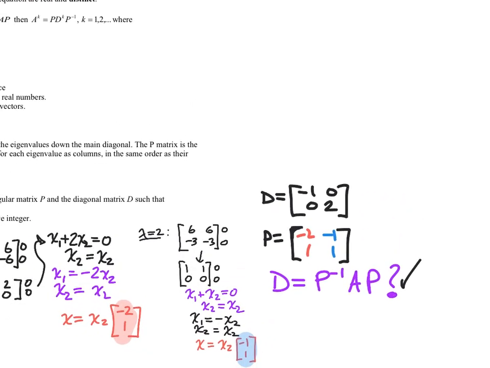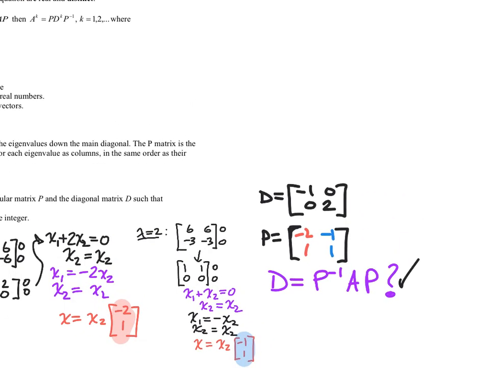If I want to find A to the nth power or A to the kth power, it doesn't matter. I'm just going to do everything in the reverse order. So instead of multiplying first by the inverse, I'll multiply by the actual P. So we're looking at A is equal to P D inverse P.